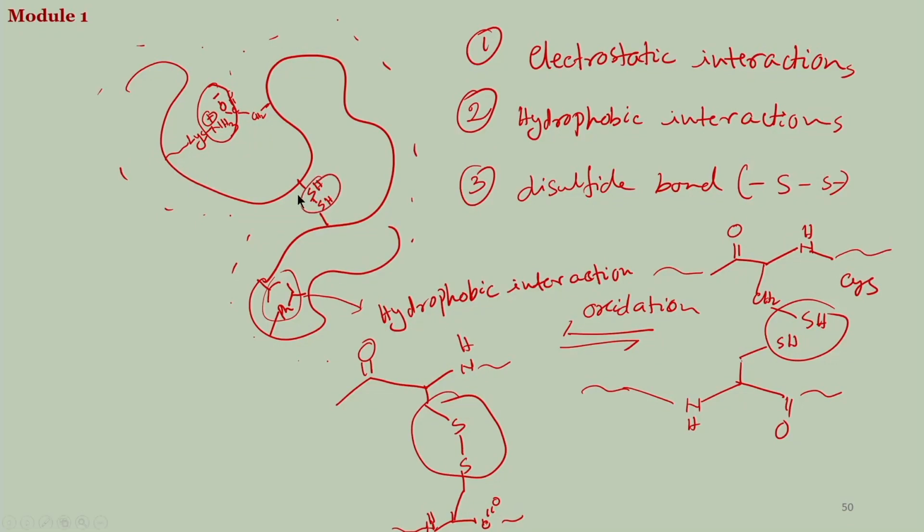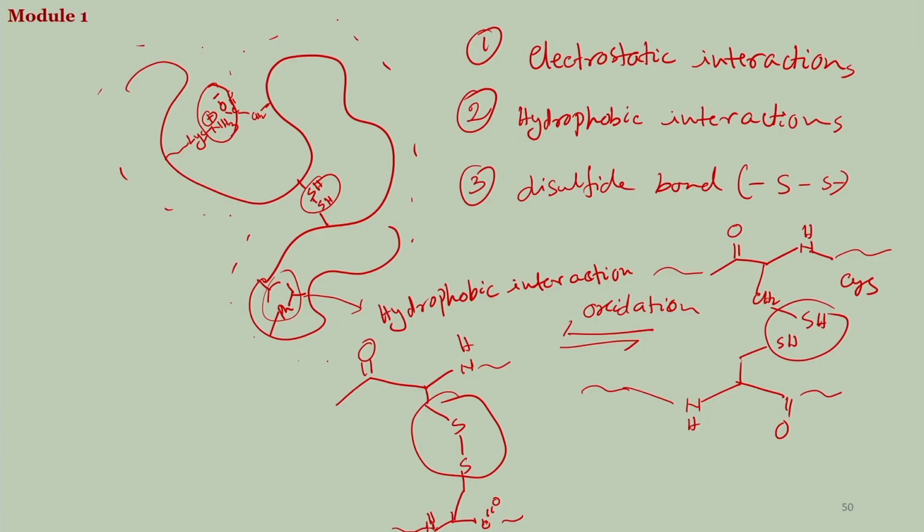That is the driving force. The formation of the disulfide bond is the driving force for molding the structure. And there are other interactions. In the next slide, I will show you with proper examples. So, these are primarily three types of interactions that dictate the formation of the tertiary structure.